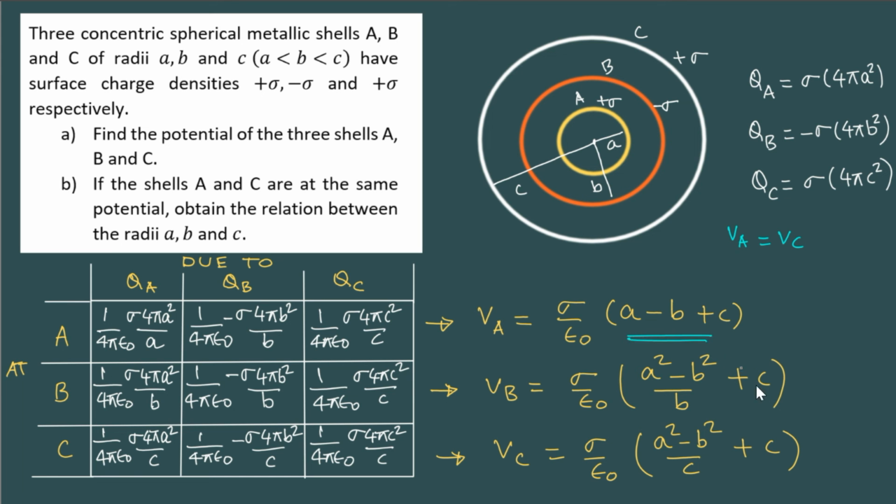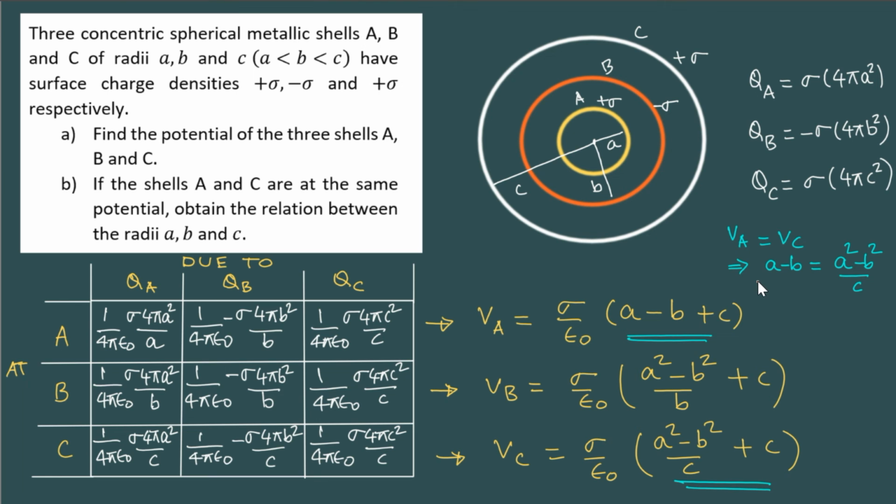If these two are equal, and then C and C, we can forget about that. So what can we say here? For VA equal to VC, it implies A minus B is equal to A square minus B square by C.